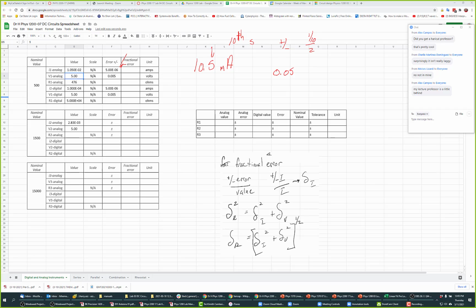Here we go. 0.05 E minus 3, excuse me. Yeah, I thought so, that was off. And then I measured 5 volts, so this one here is 1/2 of the hundredths place, so I have a 5 in the thousandths place.